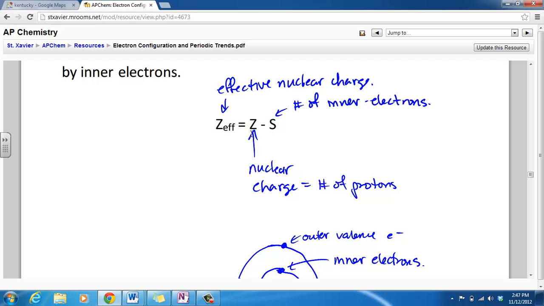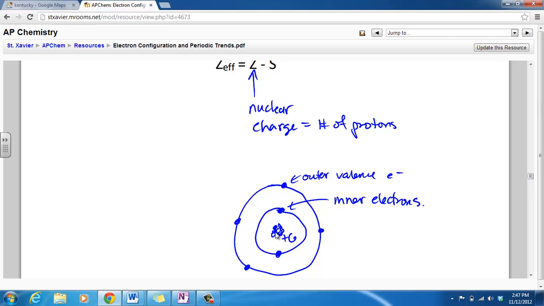So instead of having the full nuclear charge Z, the electrons on the outside will feel what's called an effective nuclear charge, and that approximately is the full nuclear charge, the number of protons in the nucleus, minus the number of inner electrons. So if you take an atom like carbon, carbon has a nucleus with a +6. It has 2 electrons in the 1s subshell and in the n equals 1 shell.